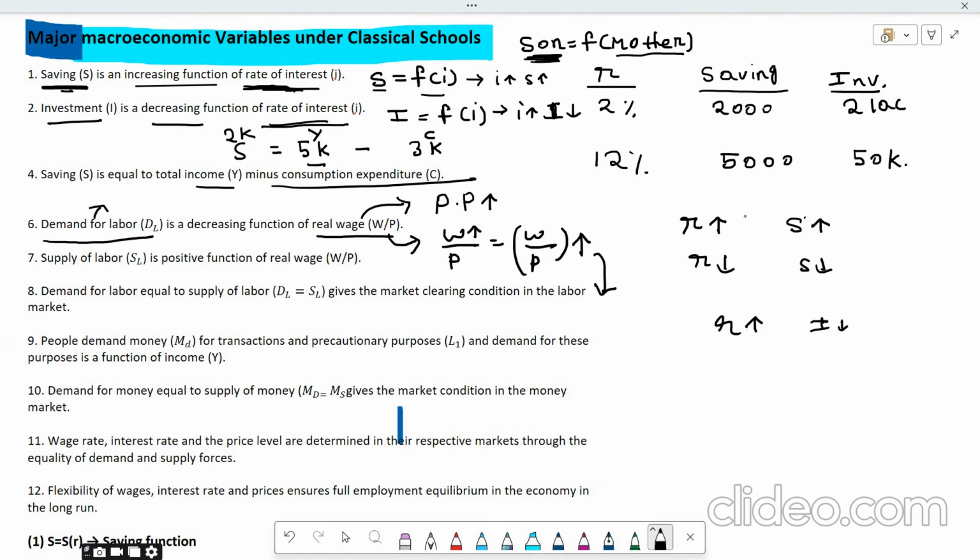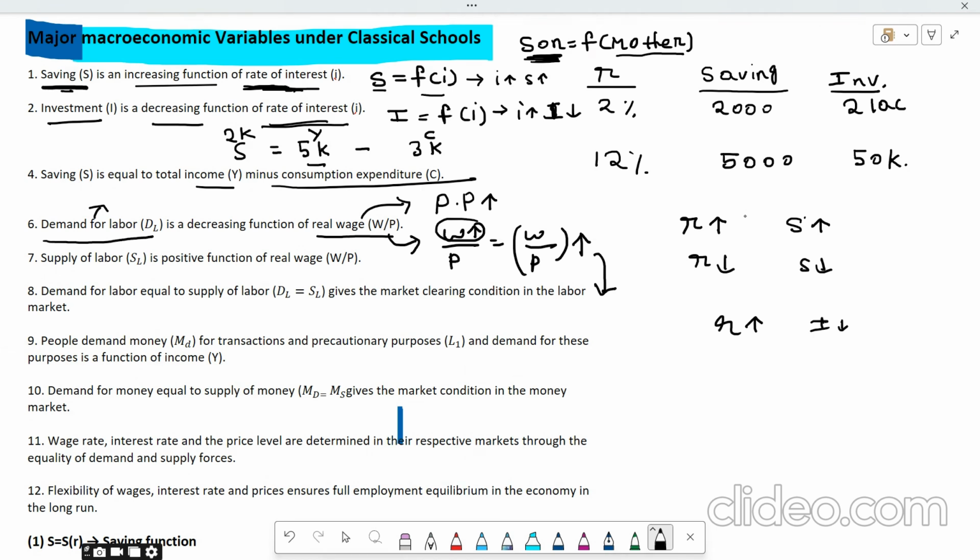Now when wage by price is rising, what will happen? The producer or the firm owner will demand a lower amount of labor, fewer laborers in the production process. Why? Because the wage that he has to pay to the laborers has actually increased.